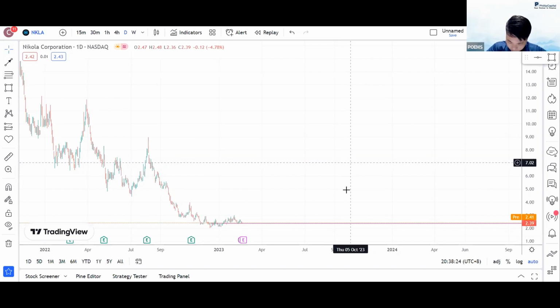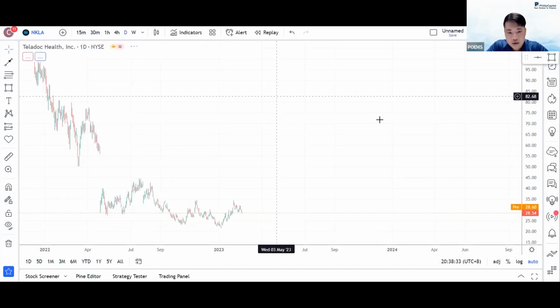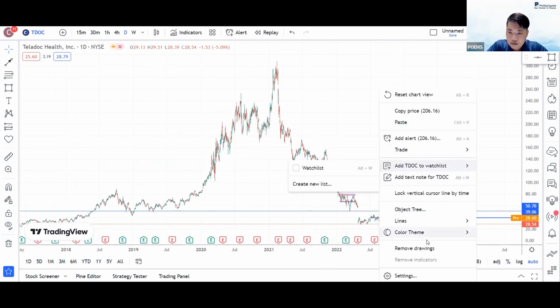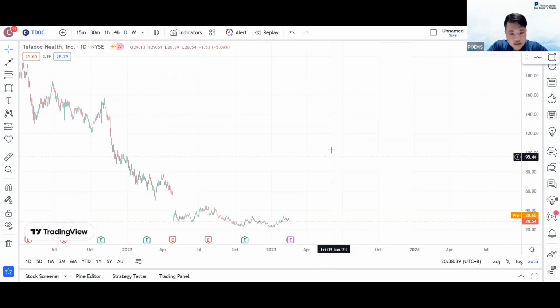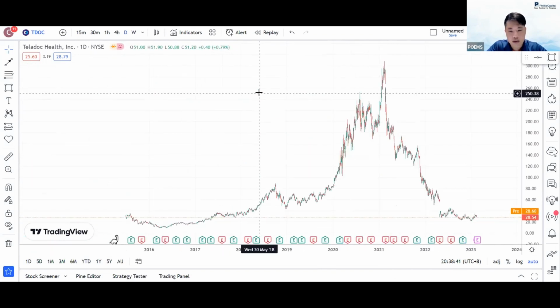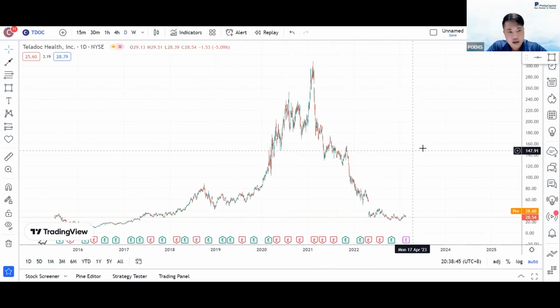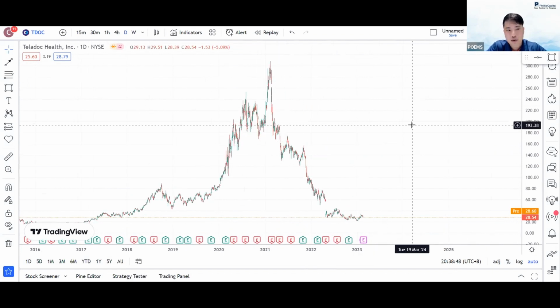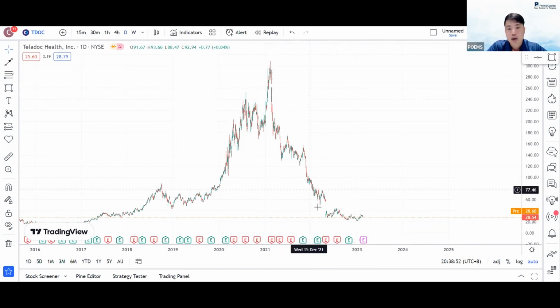So the next one I'll look at is TDOC, Teladoc Health. Teladoc Health, same thing as Nikola. Usually when looking at such a price, I wouldn't speak too much about this particular counter because of how bearish the price movement is.